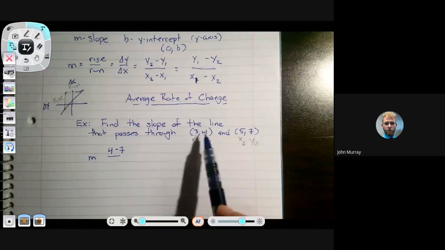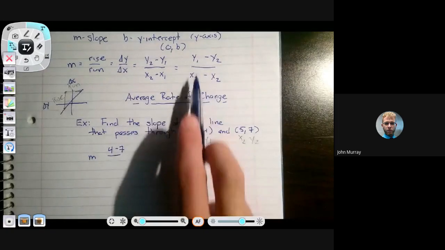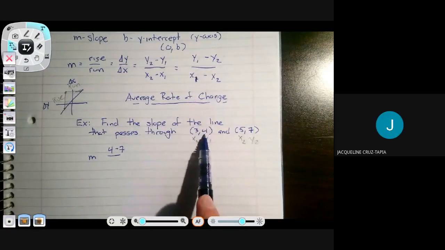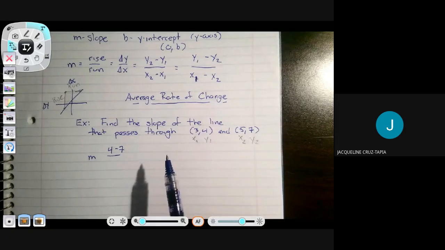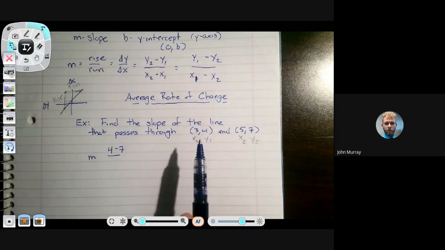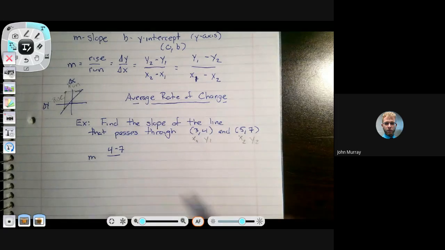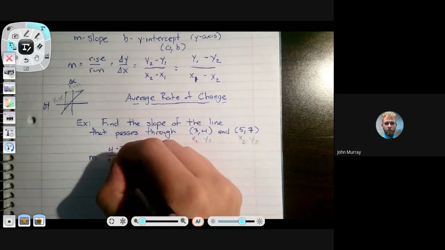Which number matches with that 4? Right, good. We would write the 3 minus 5.